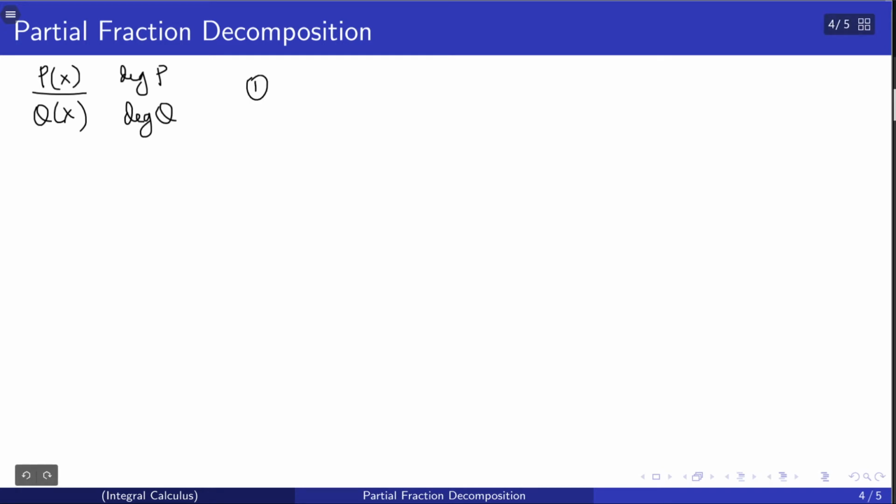The first step you want to do is to make sure that the degree on top is smaller than the degree on the bottom. Otherwise, if the degree on top is larger, then you want to simplify that first, and remove as many copies of q(x) as you can. You're able to do so by just simply dividing. Just use long division there.